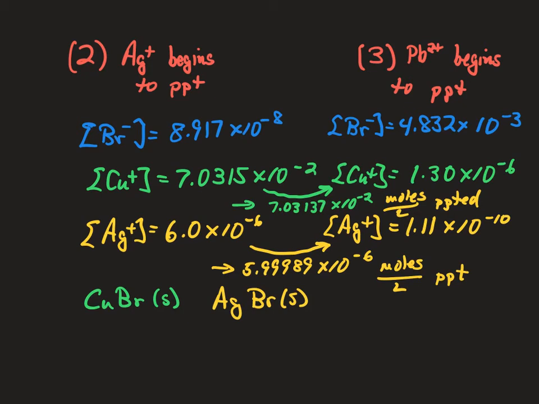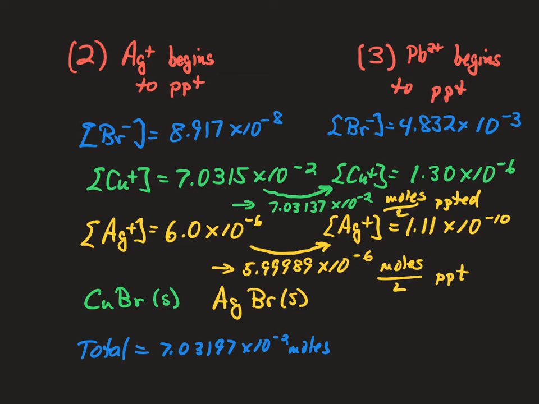So our total precipitate is 7.03197 times 10 to the minus 2 moles.